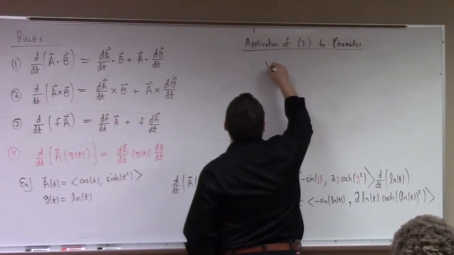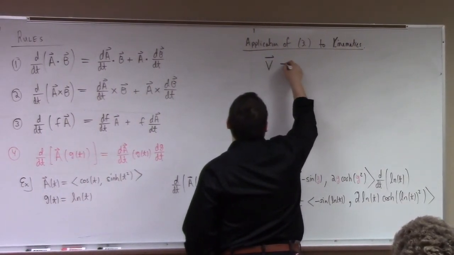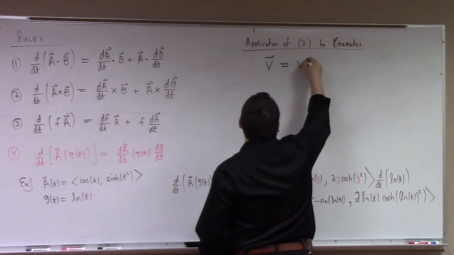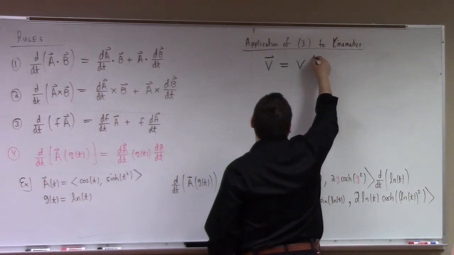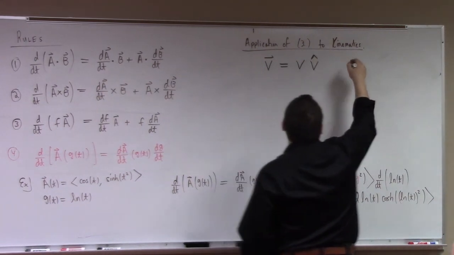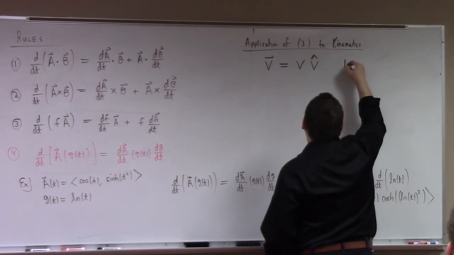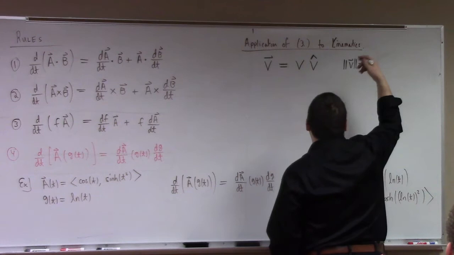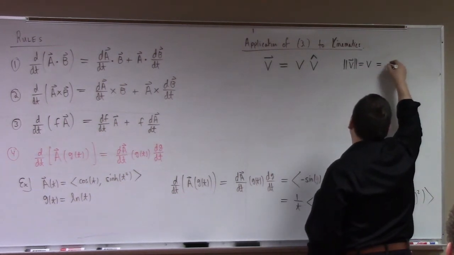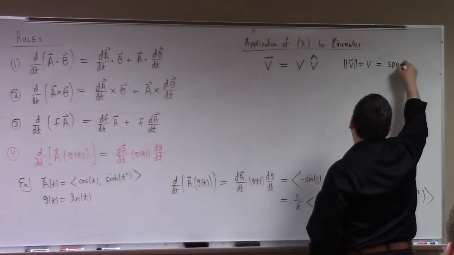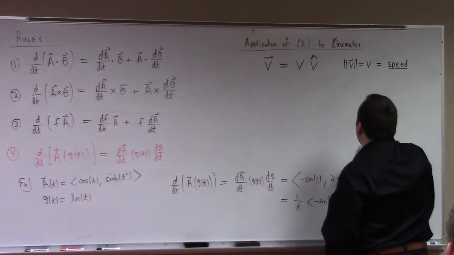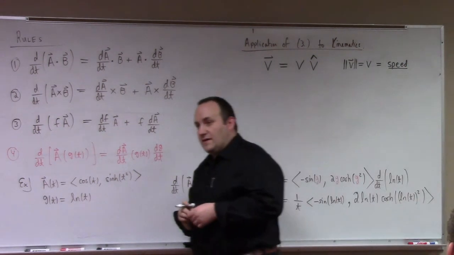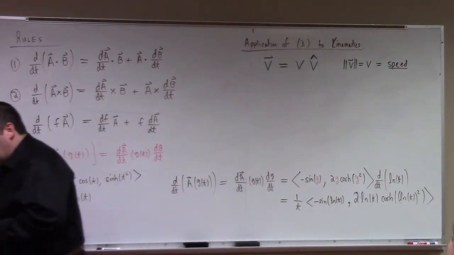So the velocity vector. Suppose v is velocity. We write that as a magnitude times a unit vector, right? By the way, the magnitude of v, which we also denote by little v without the vector sign, is also known as the speed. Speed is the magnitude of the velocity.